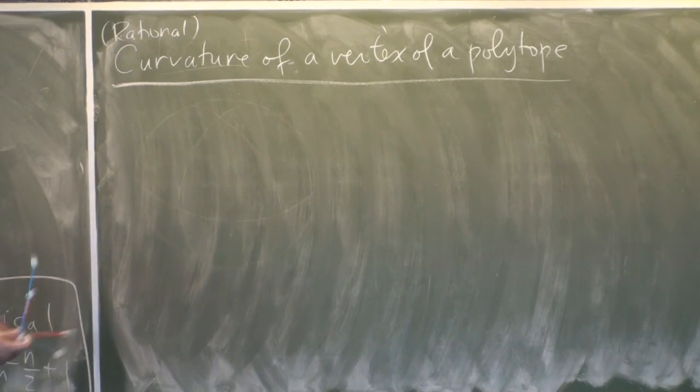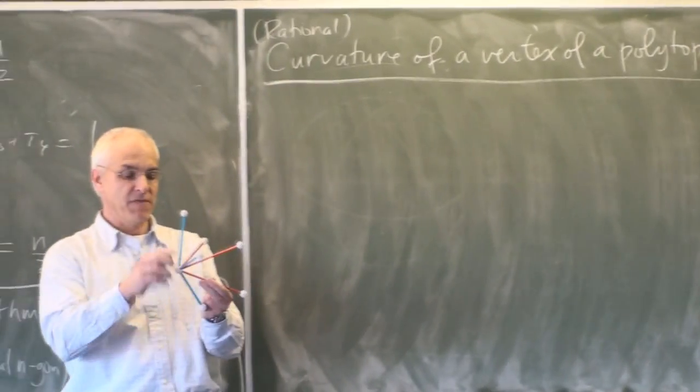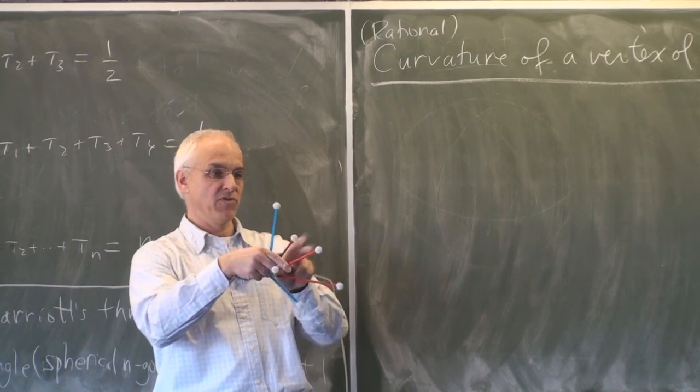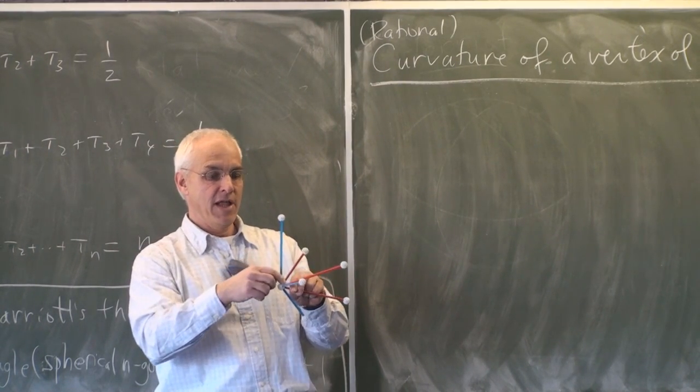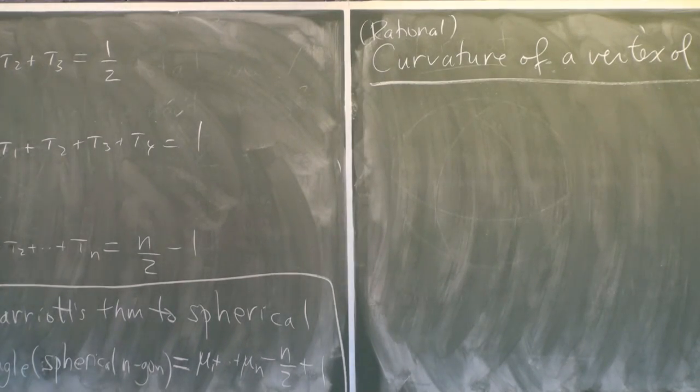Okay, so let me go back to our picture, because we're returning back to our basic problem. To define the curvature of this red polytope, part of which we're seeing here, that's the vertex. There's the dual thing. Let's take the opposite one, which is easier to see.